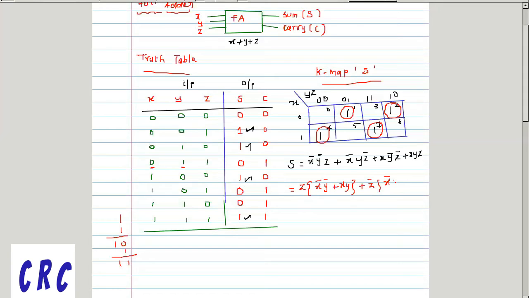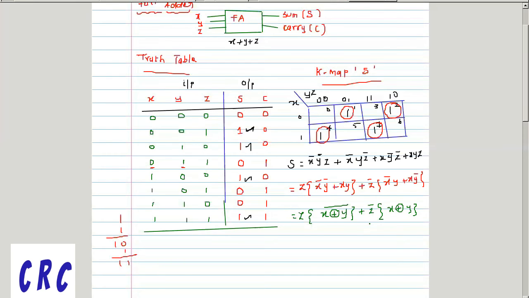It is X bar Y plus XY bar. Recall the formula of XOR and XNOR. This can also be written as Z into X XOR Y the whole bar. This is called XNOR. Plus Z bar into X XOR Y.